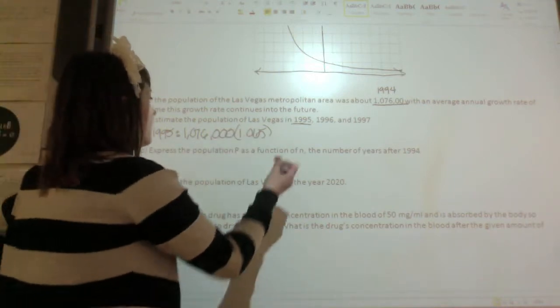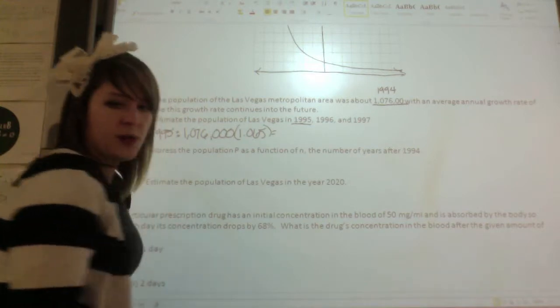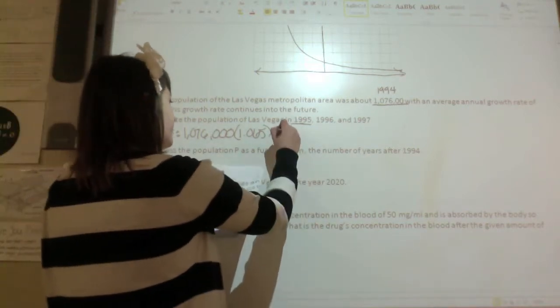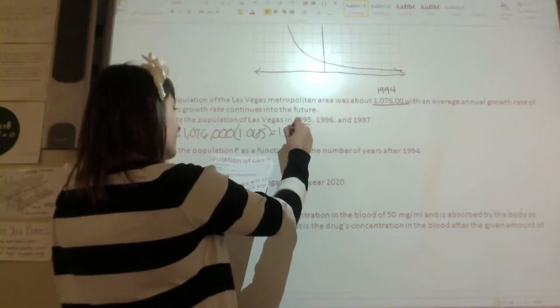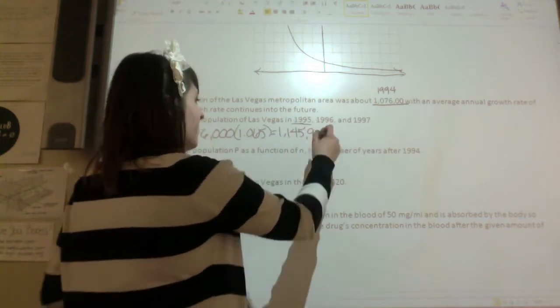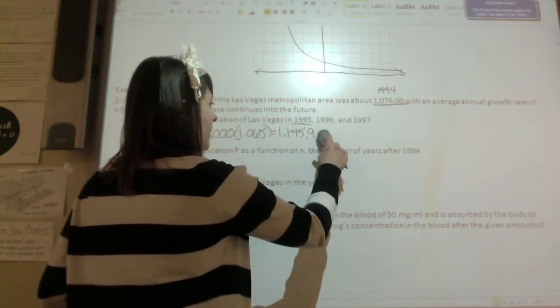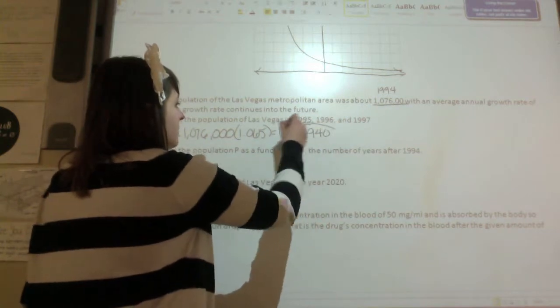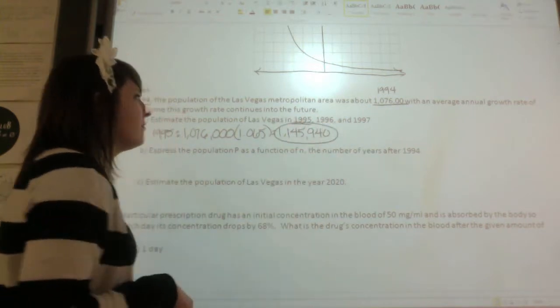And if I multiply those together, I get 1,145,940. Okay, so that would be my population in 1995.